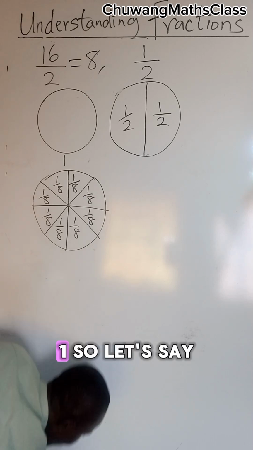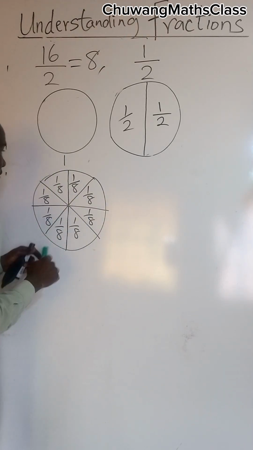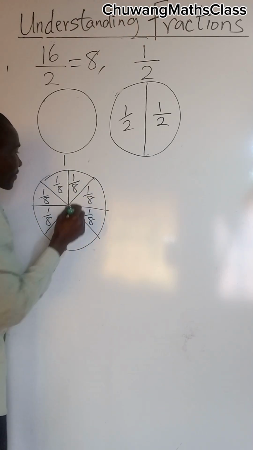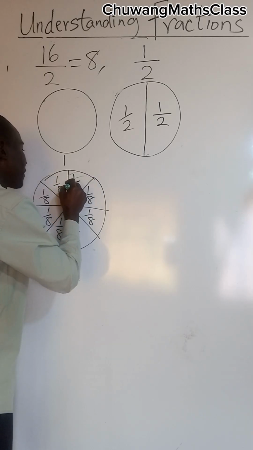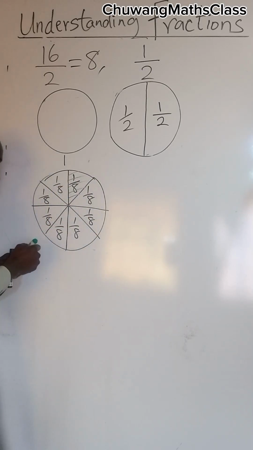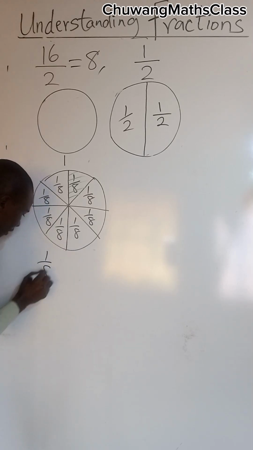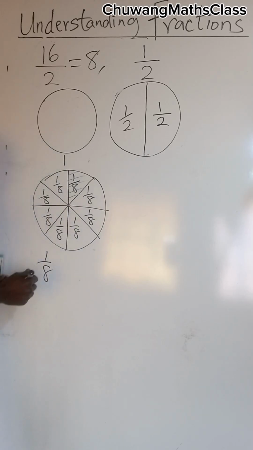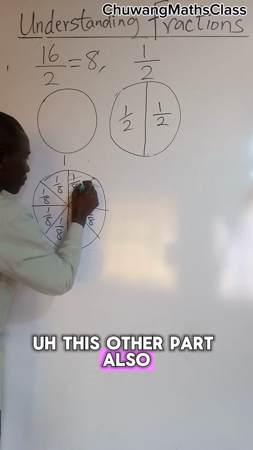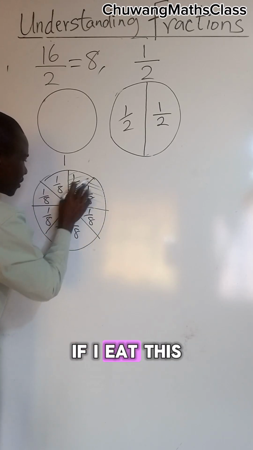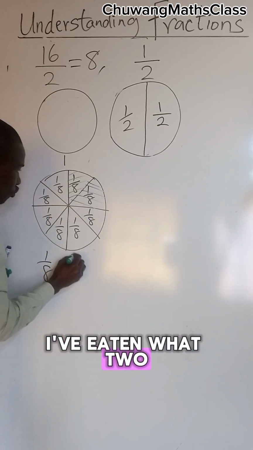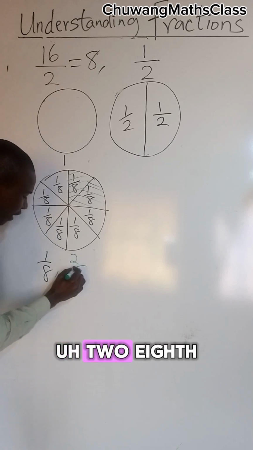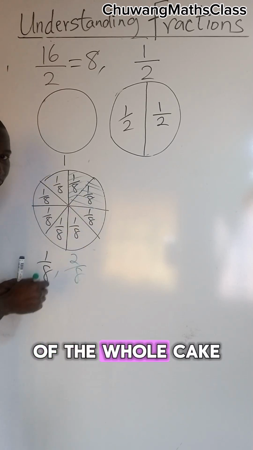So let's say I ate this part of this cake. If I ate this part, I've eaten 1/8 of the whole cake. The whole cake is 1, right? Now, if I eat this other part also, I've eaten what? 2/8 of the whole cake.